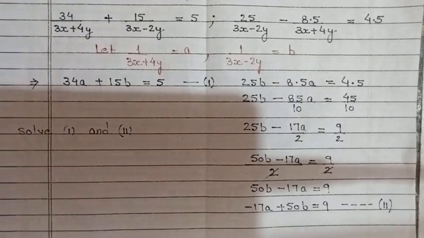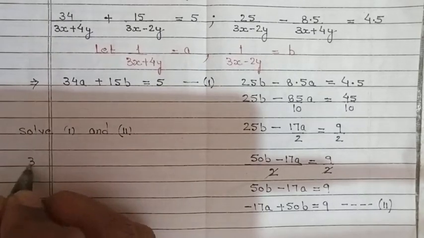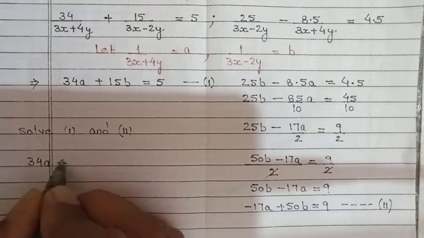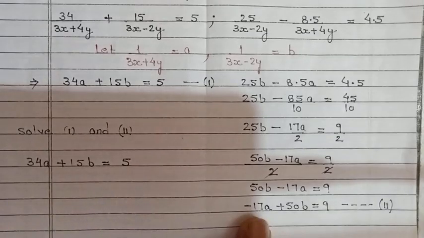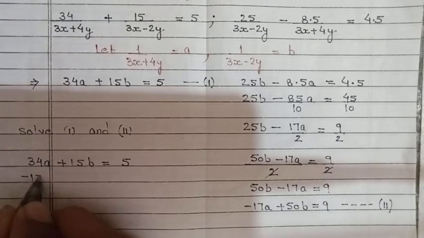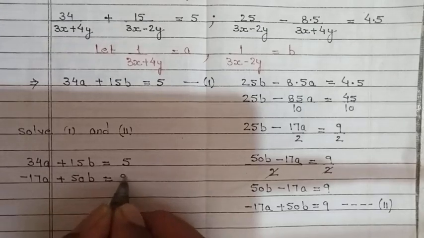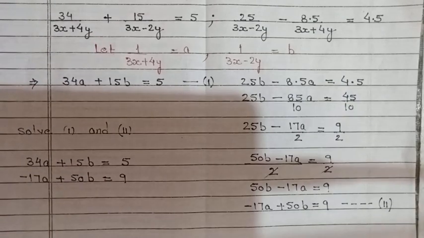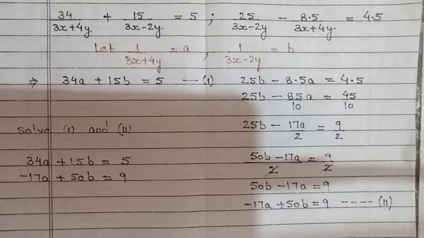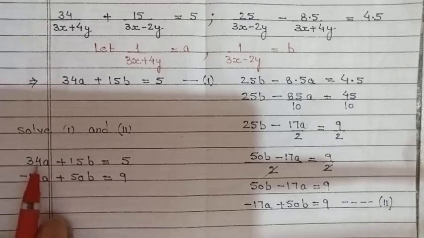Now these two equations can be solved by any of the three methods that you have learned. Here we are going to solve it by elimination, by addition and subtraction. So this is the first equation, 34a plus 15b is equal to 5. The second equation is minus 17a plus 50b is equal to 9. Now when we are applying elimination by addition or subtraction, we have to make the coefficient of one of the variables the same, either a or b. Now we will go for a.